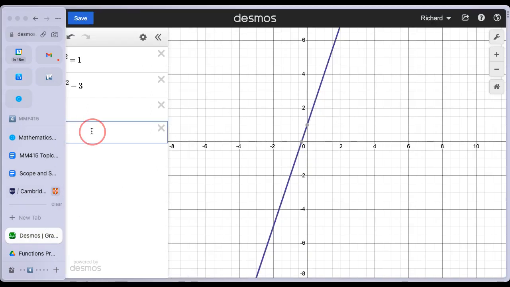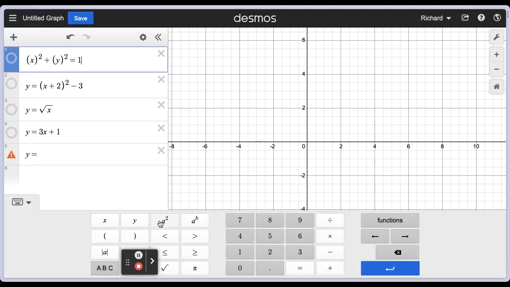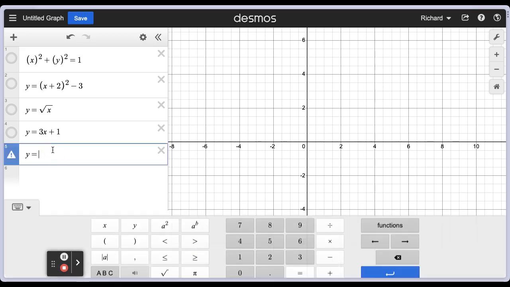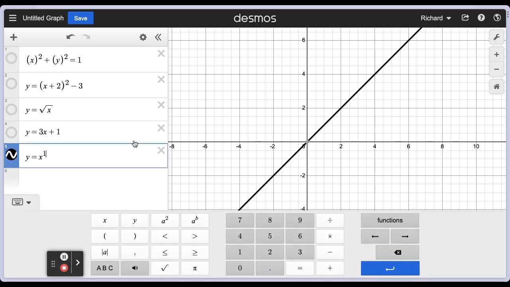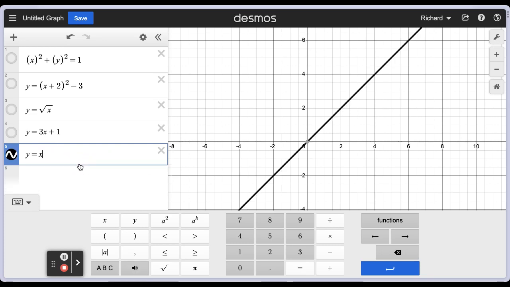So if I go y equals x to the power of a third, nearly there, isn't it? But not quite. I'd have to think about it a bit more. But you definitely can. You could get it with a function, of course. I just made it up. Good question.